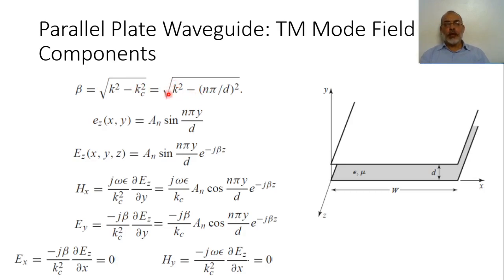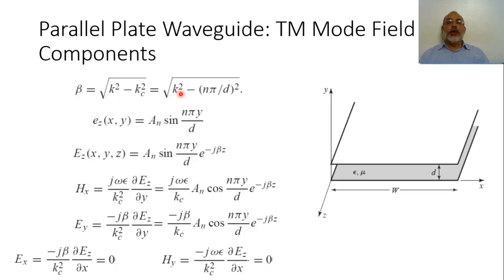If the value of k is greater than nπ/d, the propagation constant beta would be real, and this mode will be propagating. If the operating frequency, or the wave number k, is less than nπ/d, then this square root would be imaginary and the propagation constant would be imaginary, and in this case it would be completely attenuating.